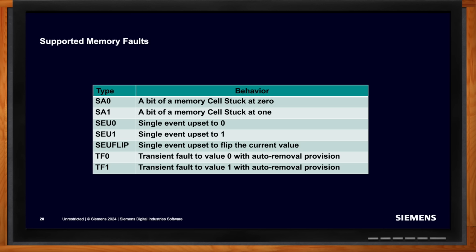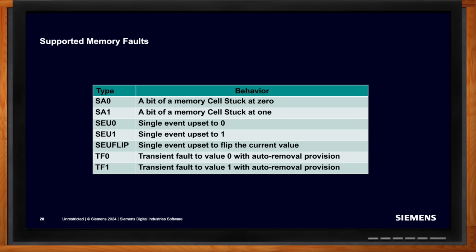So what we did is we built this concept of single event upset flip, which basically at its bottom line, it is a single event upset. Think of it as a charged particle deposition, except what we do is we just take whatever's in the memory. So if there's a 1 in the memory, the fault just becomes a 0. It just becomes the opposite.